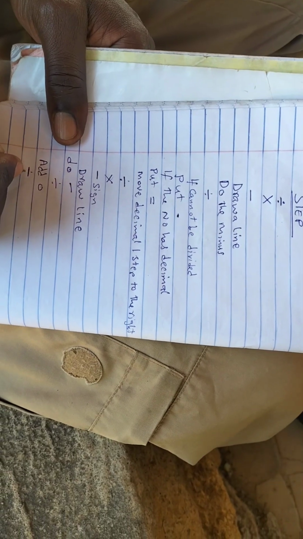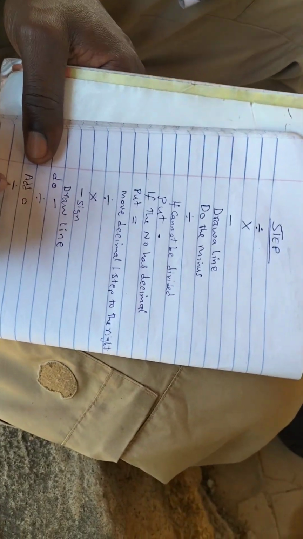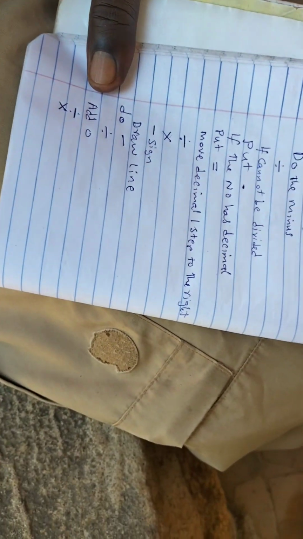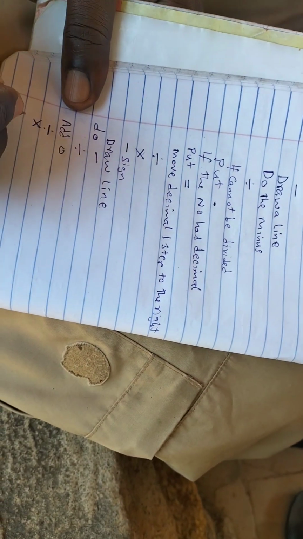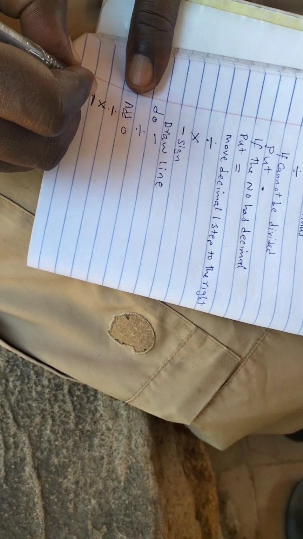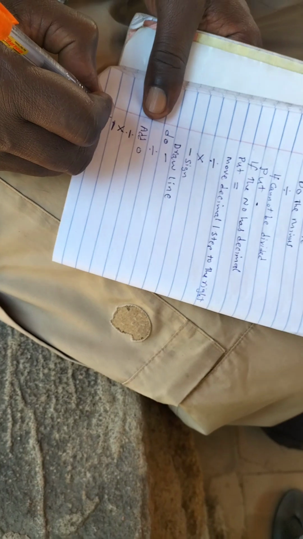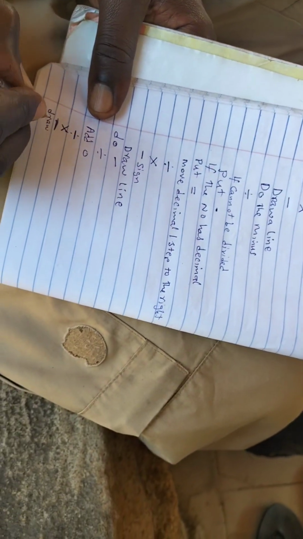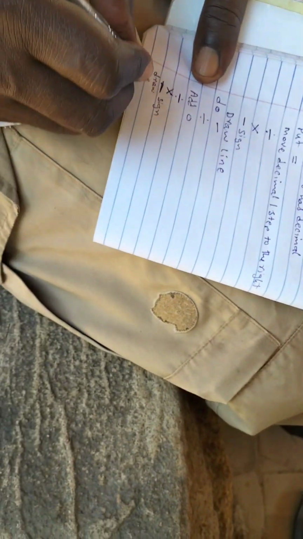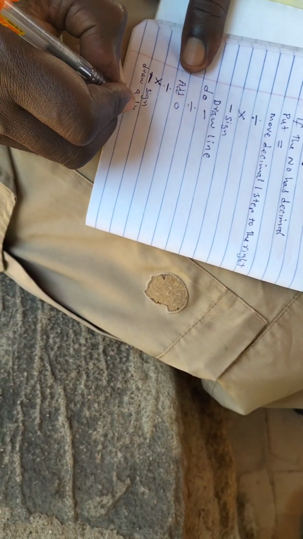You divide. After you divide, you multiply. After you multiply, you minus. After you minus, you put the minus sign, then you draw a line.